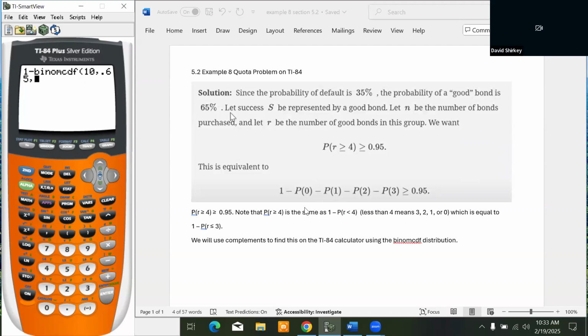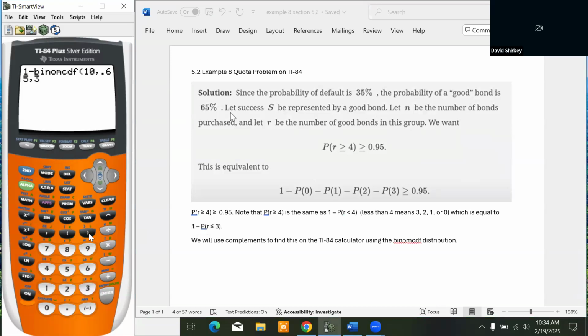So here we have to remember that the probability of R greater than or equal to 4, we're looking essentially at 1 minus the probability that R is less than or equal to 3, right? And so, since it goes off to the left tail, we're going to put a 3 here.